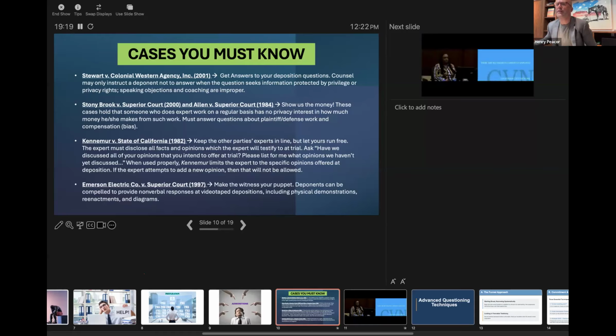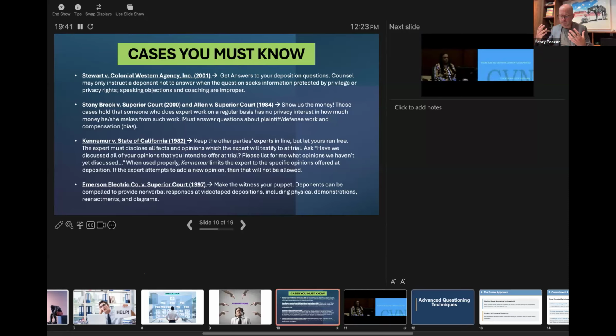The last case here is Emerson Electric. And really, this one of the best things that you can do in a deposition or at trial with a witness is put the case into action, create movement, use demonstratives.